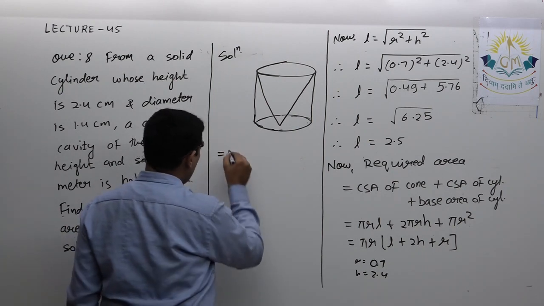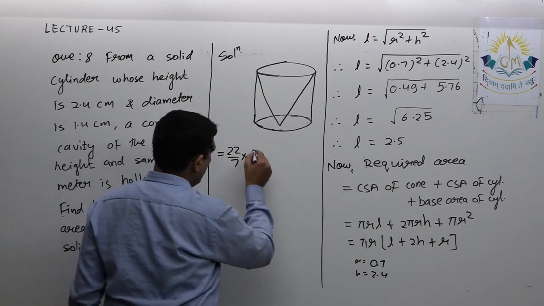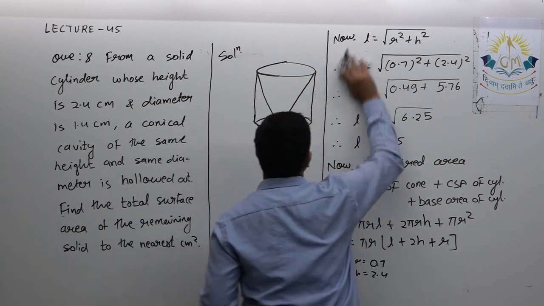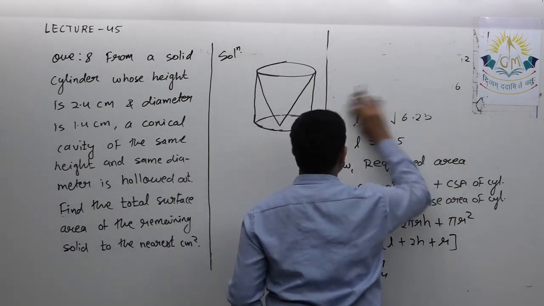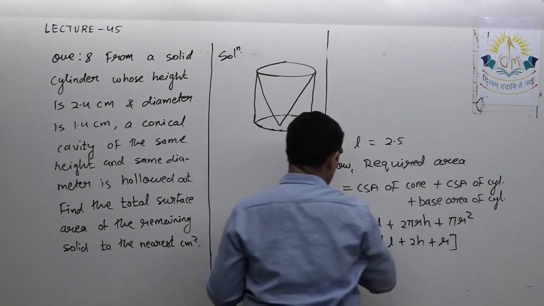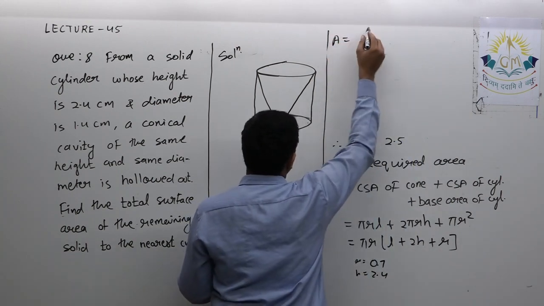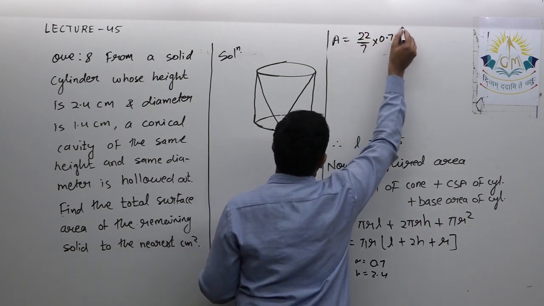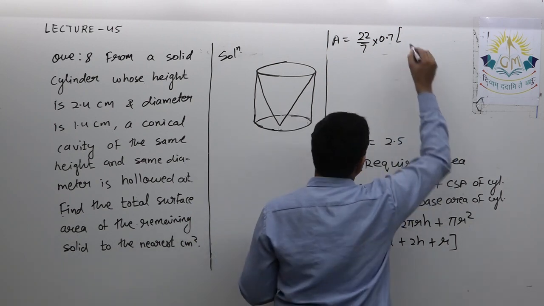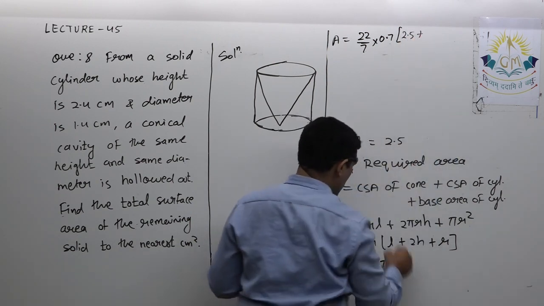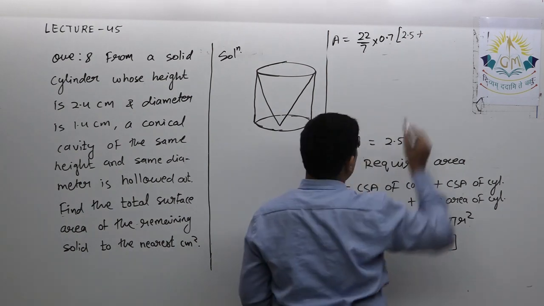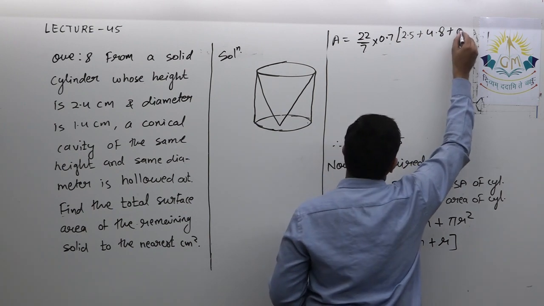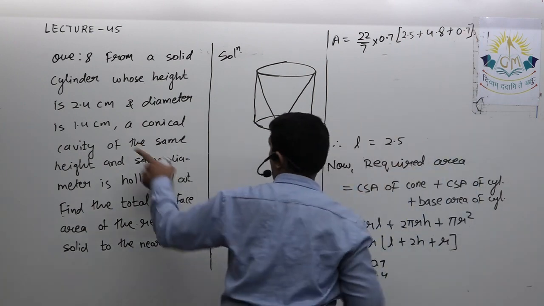Area is equal to pi, which is 22 by 7, multiplied by 0.7, multiplied by L, which is 2.5, plus 2H, 2.4 into 2 is 4.8, plus R, that is again 0.7 because the diameter is 1.4.